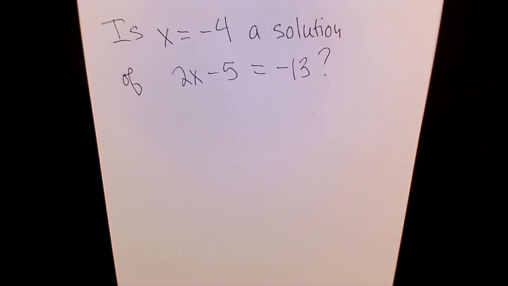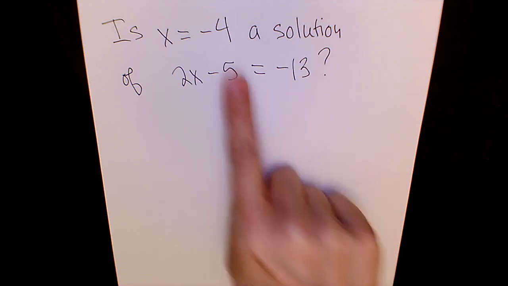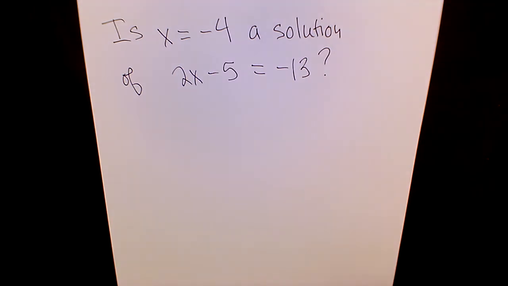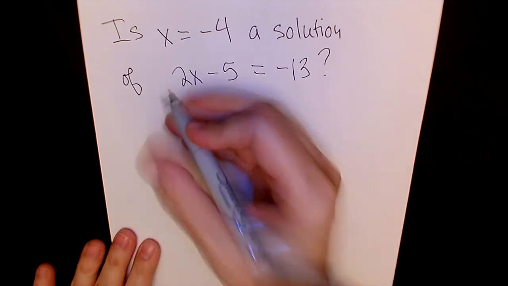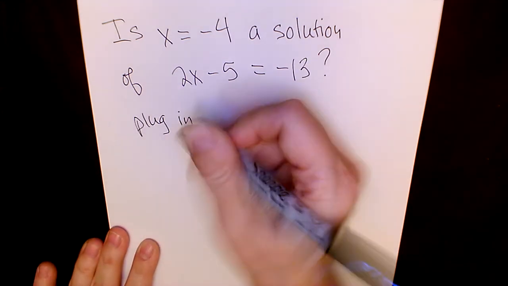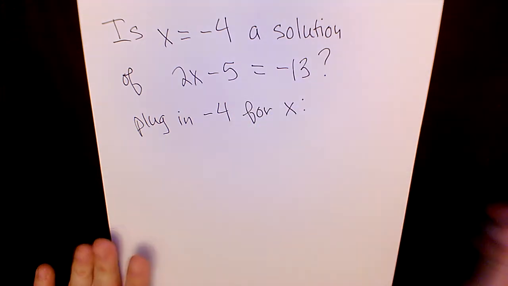Is x equal to -4 a solution of 2x minus 5 equals -13? If we plug that in there for x, are both sides going to come out to be -13? If it does, then it is a solution, because the solution makes the equation true. So again, let's plug in -4 for x.